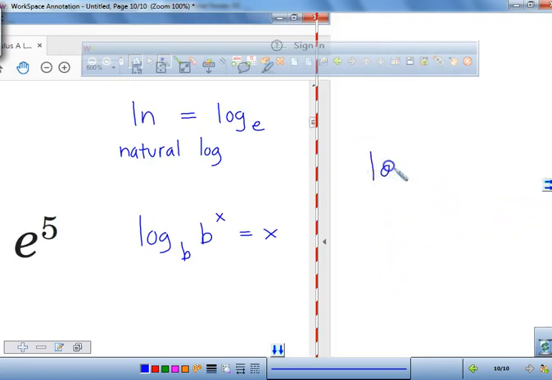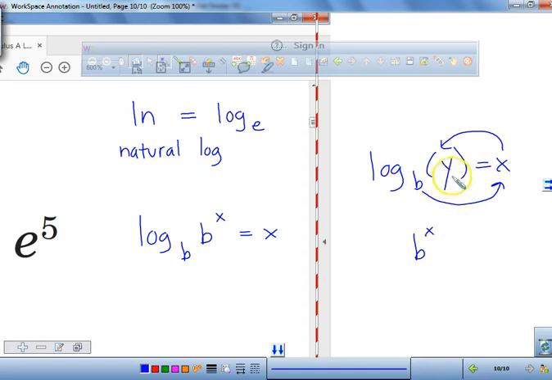If I say log base b of y equals x, if I wanted to change it from logarithmic form to exponential form, I would do this method. b raised to the power of x equals y. This is what you can do from logarithmic form to exponential form.